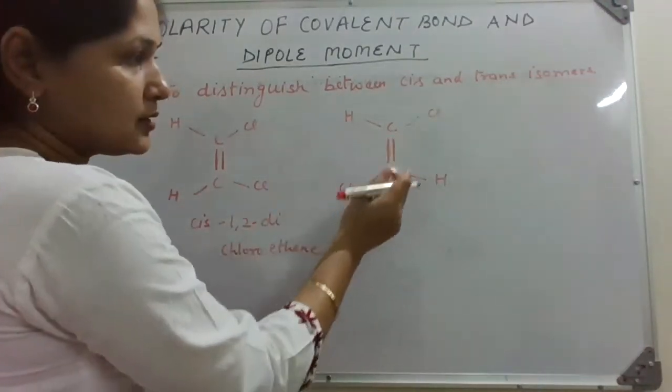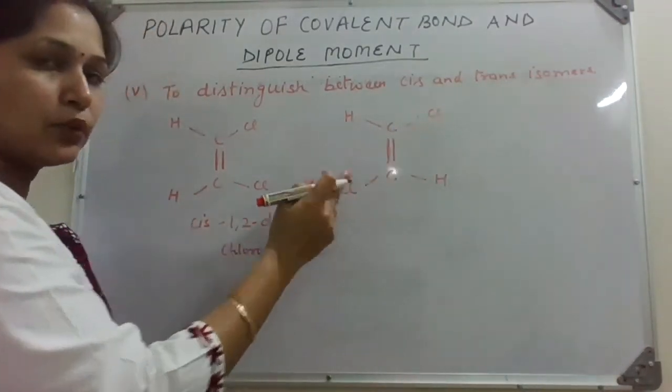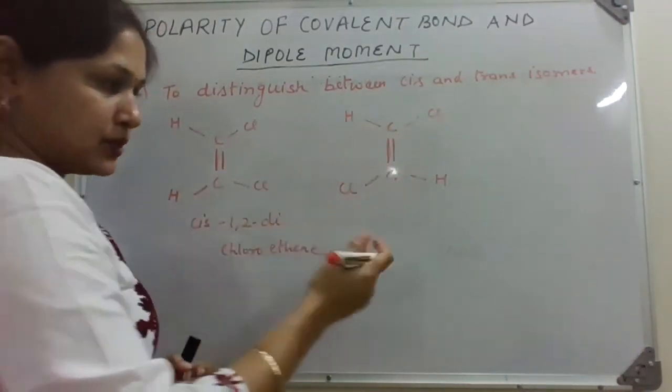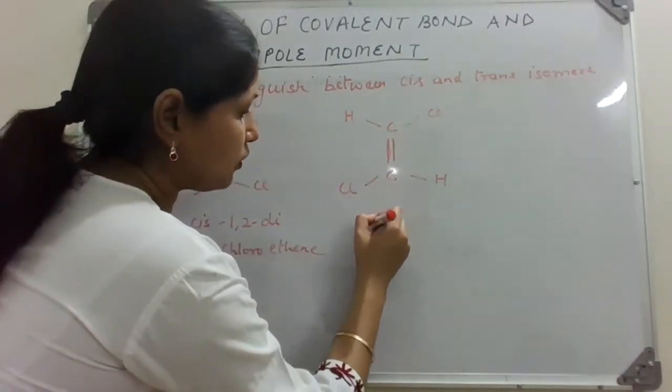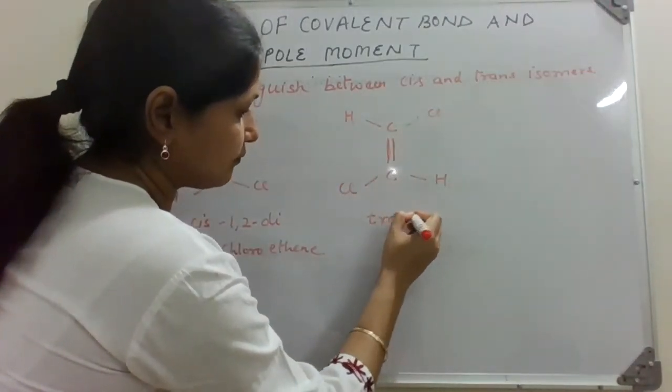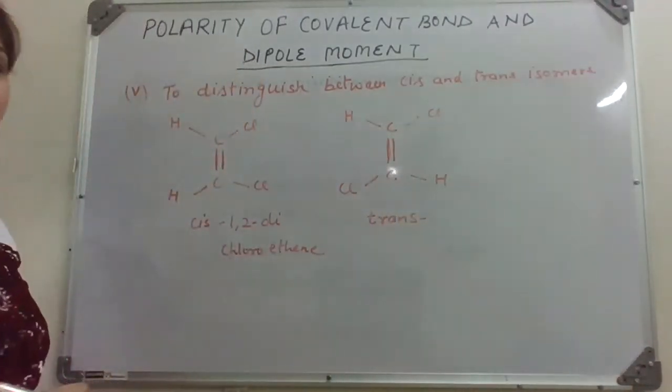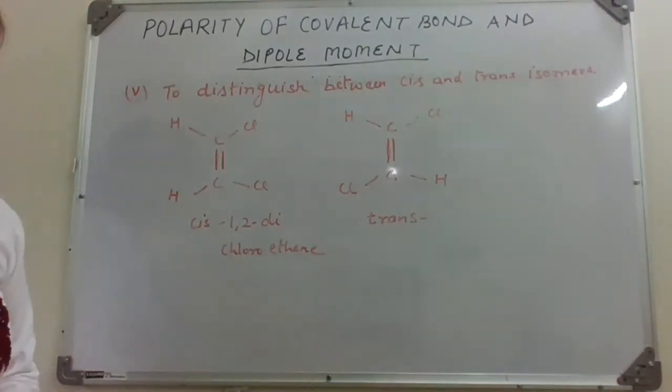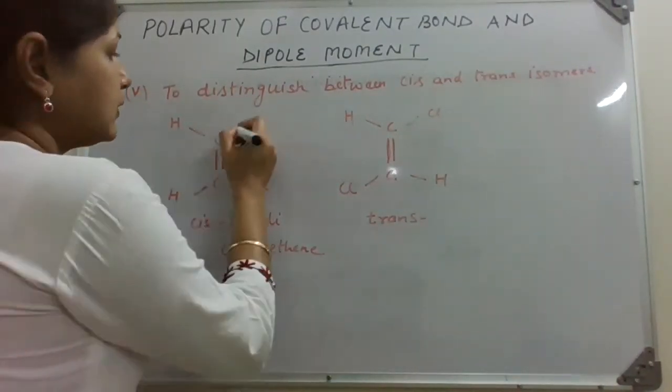Since chlorine and chlorine are in opposite directions at opposite ends, this isomer is called the trans isomer. It is trans 1,2-dichloroethene.